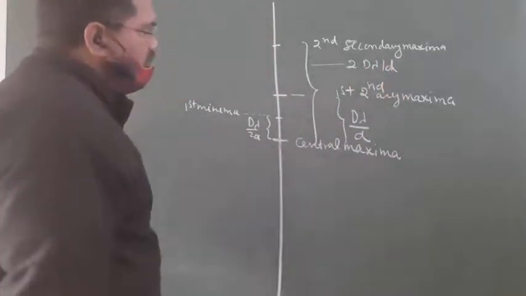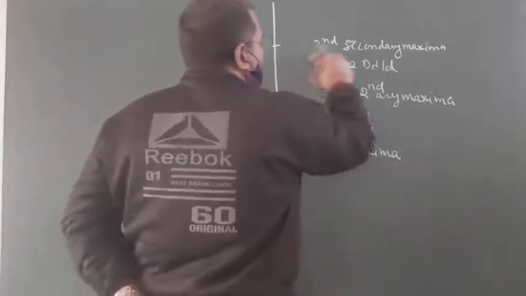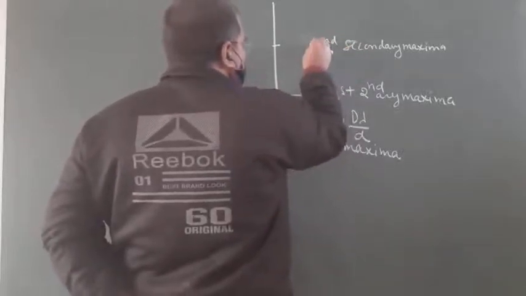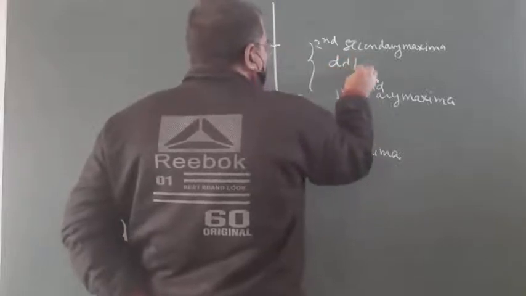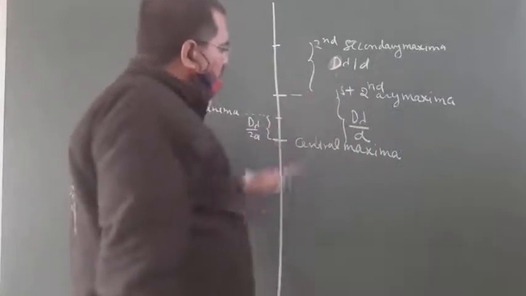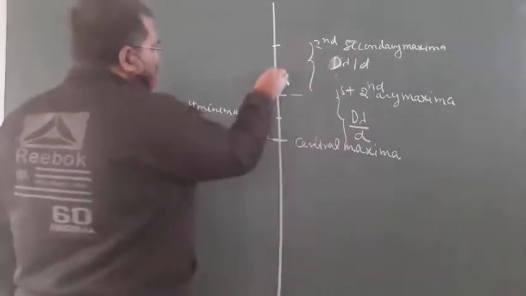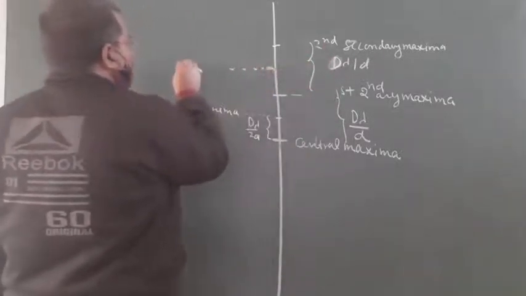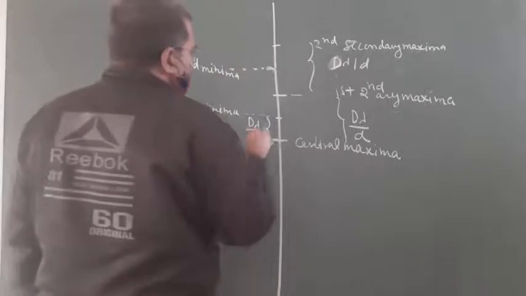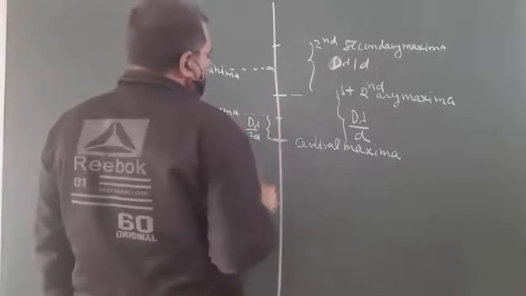You can write here, this distance is d lambda. So from center, secondary maximum will be obtained at 2d lambda by d. Meanwhile, this is the position of second minimum, this position is 3d lambda by 2.